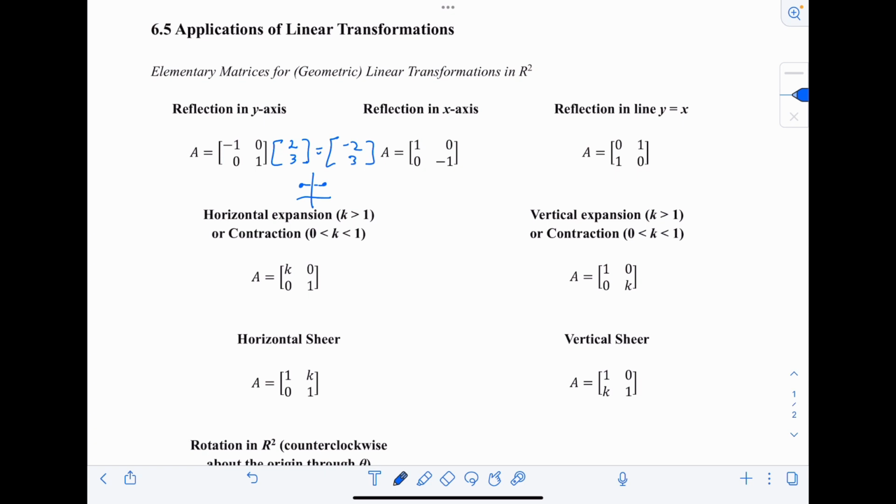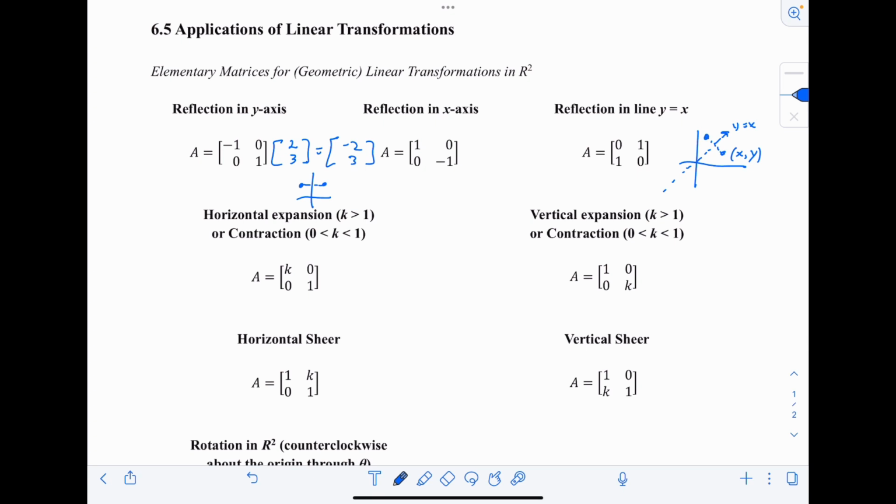The other two, the x-axis and y equals x, similar idea. So x-axis, straightforward, we're just reflecting vertically instead of horizontally. For y equals x, if I've got the line y equals x, and I take a point (x, y), when I reflect that over the line, basically the x and the y switch.